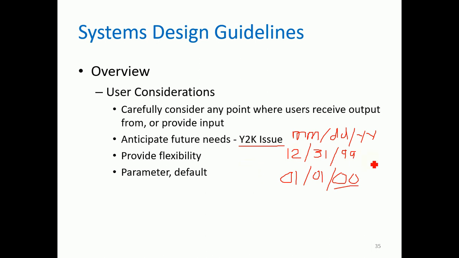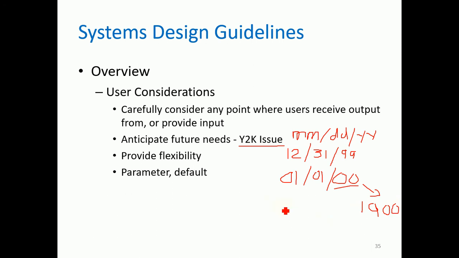Since the year is only two digits, so meaning this is actually January 1, 2000, for a computer, this will be converted as what? Since 1999 and then 00, it is going to record 1900. So that is the problem with the Y2K.